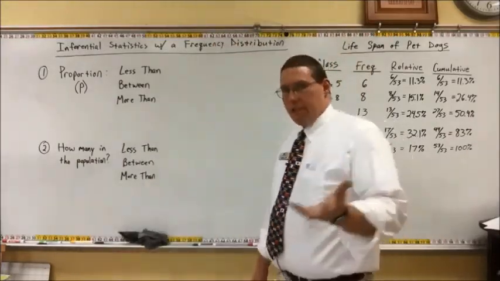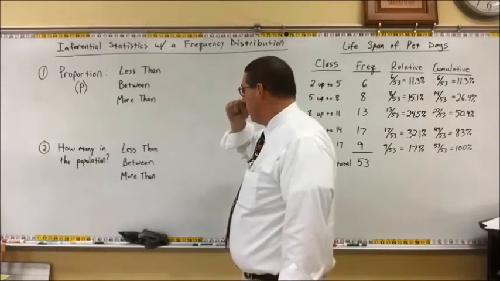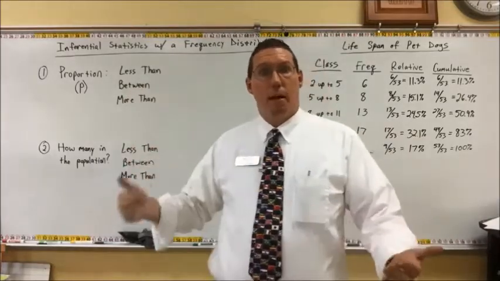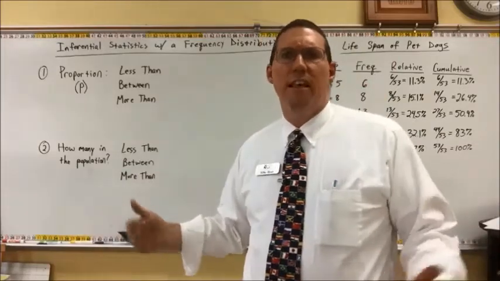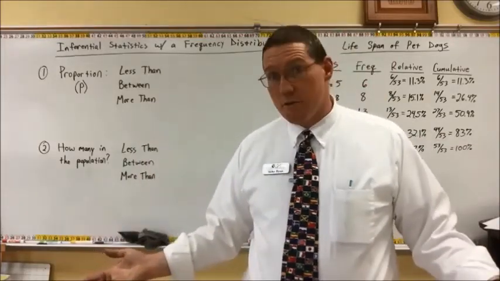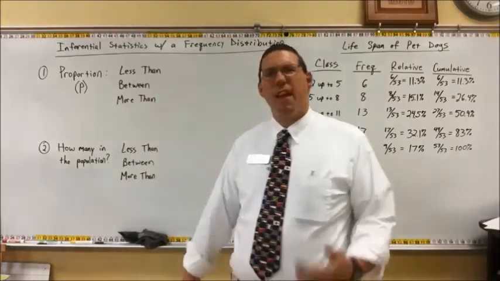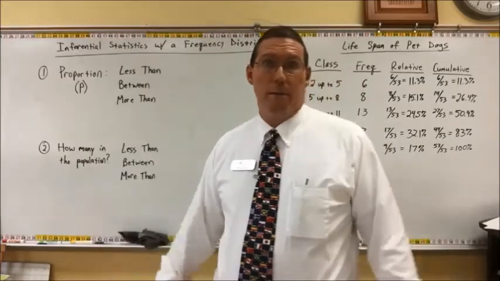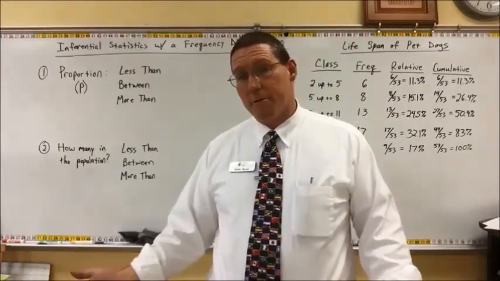And initially, there's basically 3 kinds of questions that you can ask. You can ask either a less than question, meaning less than a number. So you might say, hey, well, what proportion of all dogs live less than 11 years? Or you can ask a between question. You could say, well, what proportion of all pet dogs in the United States live between 5 and 14 years.